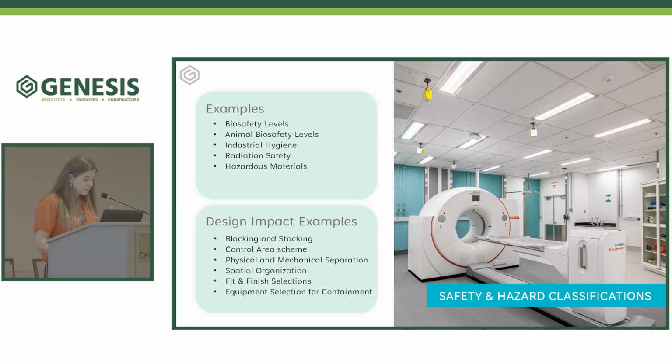So all of these topics can directly impact major spatial organization considerations and criteria, and even the need for additional support systems or spaces with biosafety level considerations. We may need a decontamination autoclave as part of the facility, or we may even need an effluent decontamination system, or fire water may need to be collected. These are major things to bring up at the beginning of the project. They're not surprises that you want to have come up later.